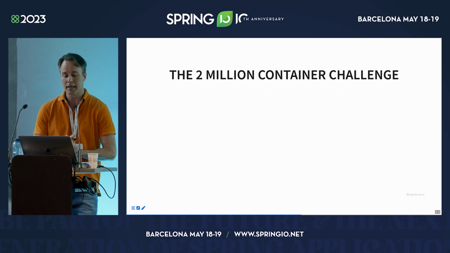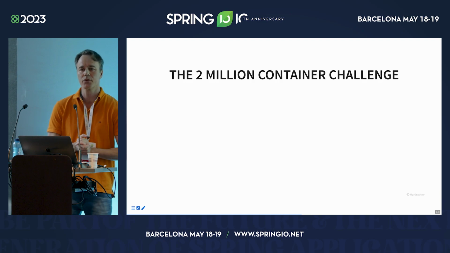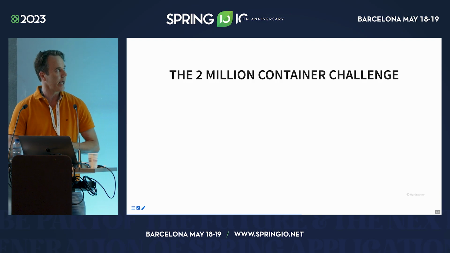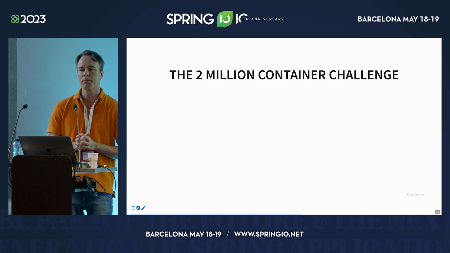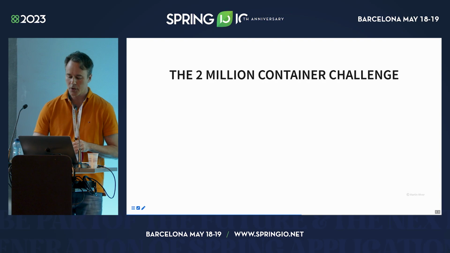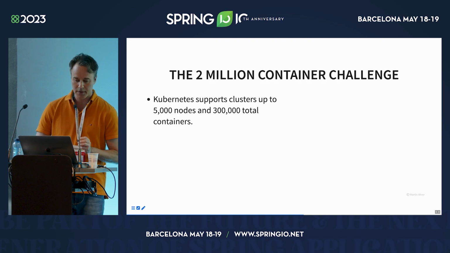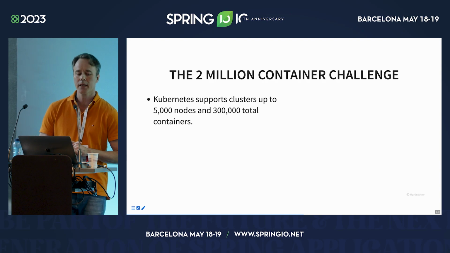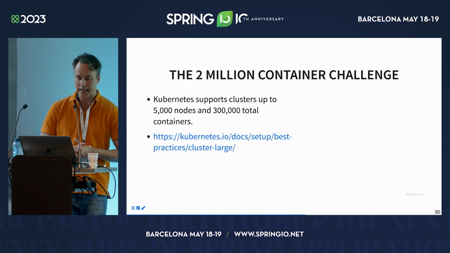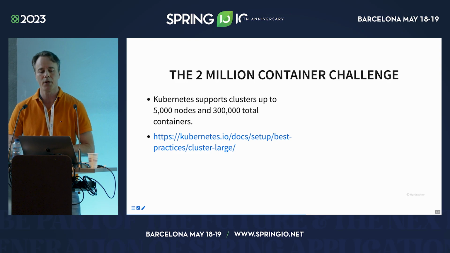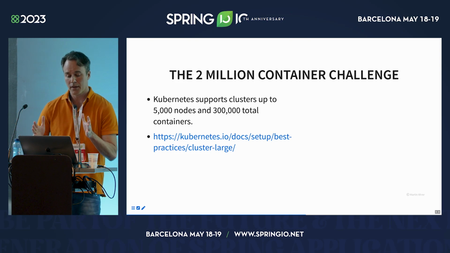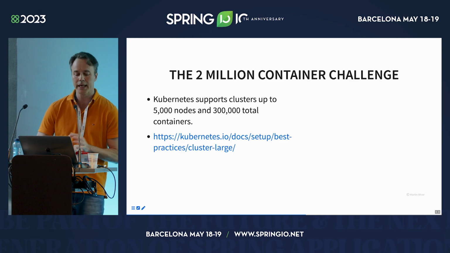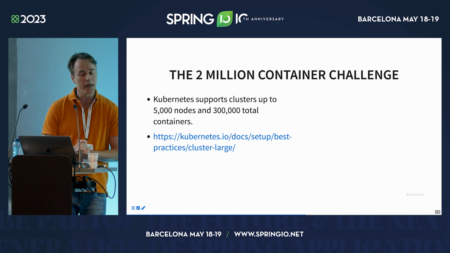So this sounds like it is very efficient in terms of management and execution. To prove that, a couple of years ago, HashiCorp together with AWS did the so-called 2 million container challenge. In the Kubernetes documentation, you can read up on the limits of Kubernetes, which are given by the architecture and the way Kubernetes is working.